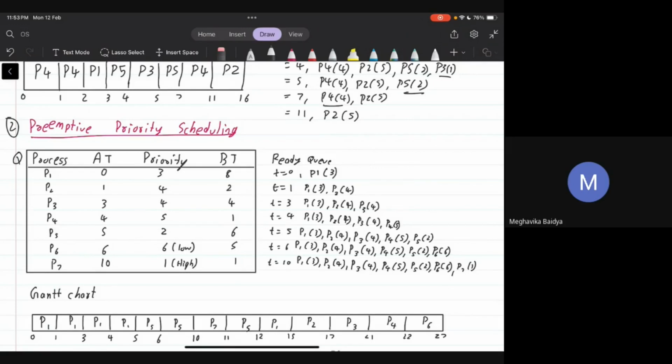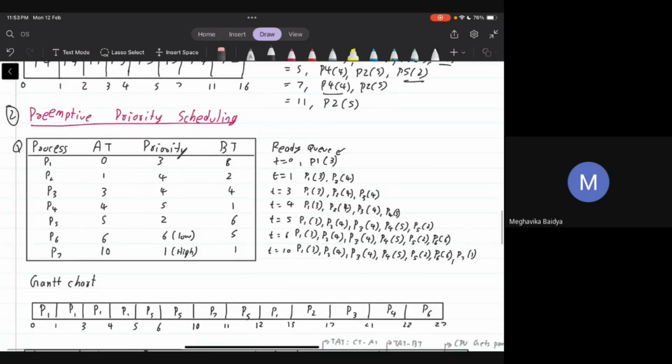So here in the bracket I have written priority instead of the burst time. You can write anything, for convenience I wrote the priority first. So how does this one work? First we go with the arrival time, how we always start. At t equals to 0, P1 comes. There is no other process at t equals to 0.